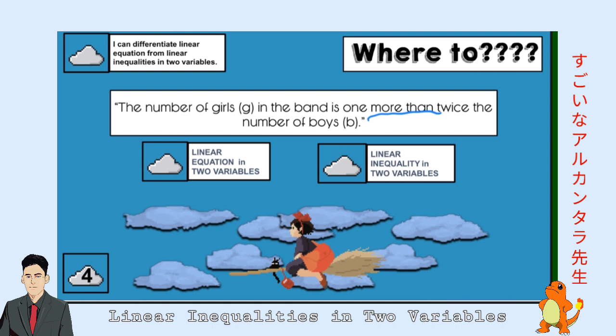In this case, we're not comparing anything. We're just describing the number of girls, wherein it is again one more than twice the number of boys. So it could be G = 1 + 2B, or it could be G = 2B + 1. Either way, it's addition, so it's still correct.